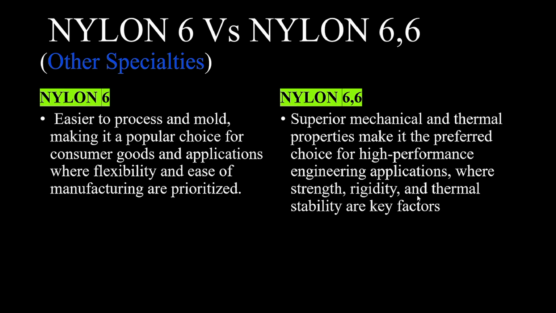Nylon 6,6 is used where superior mechanical and thermal properties are needed because it is less flexible to mold, and in rigid applications requiring thermal stability and high performance engineering. In those cases nylon 6,6 is preferred.